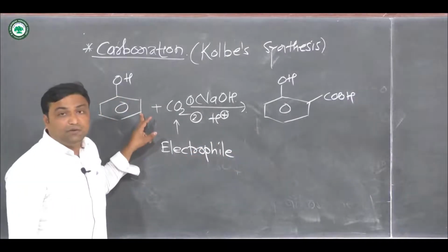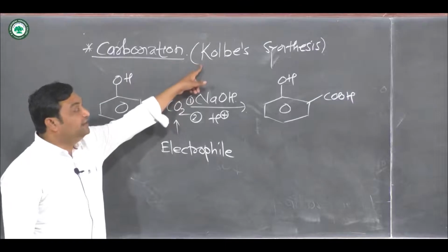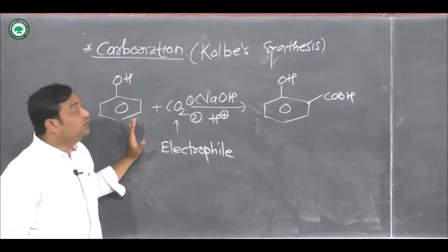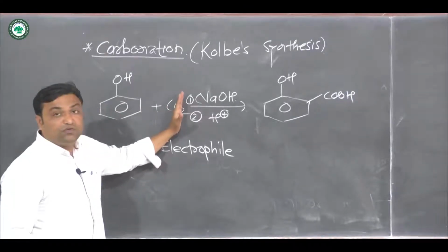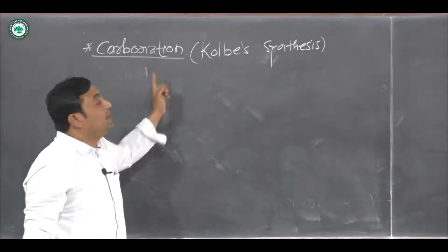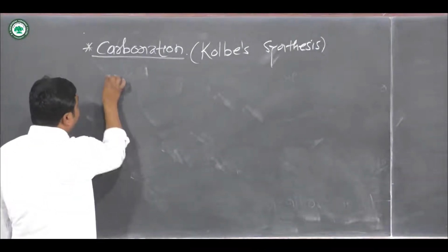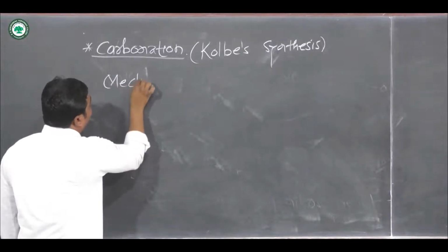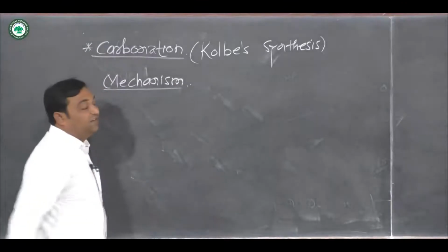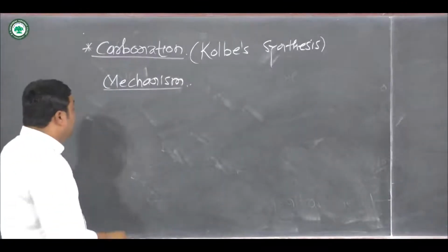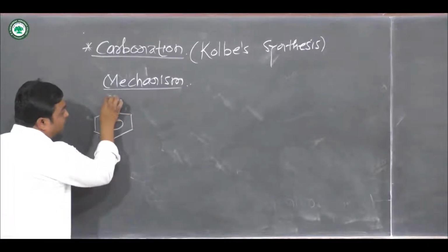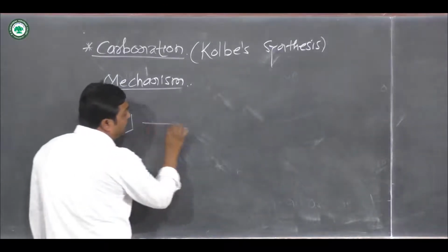Now moving towards our mechanism of Kolbe's synthesis, step by step we will understand how this reaction proceeds in forward direction. Now, mechanism of Kolbe's synthesis. Firstly, phenol molecule is treated with sodium hydroxide.